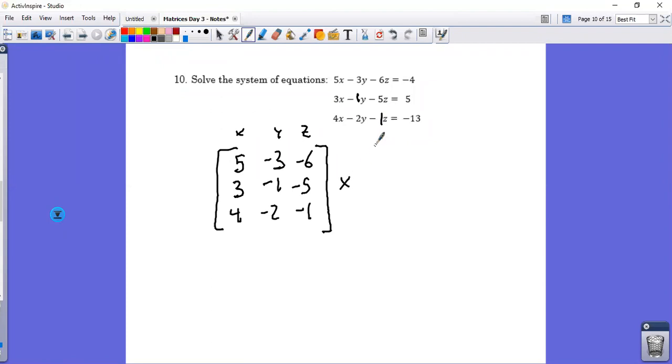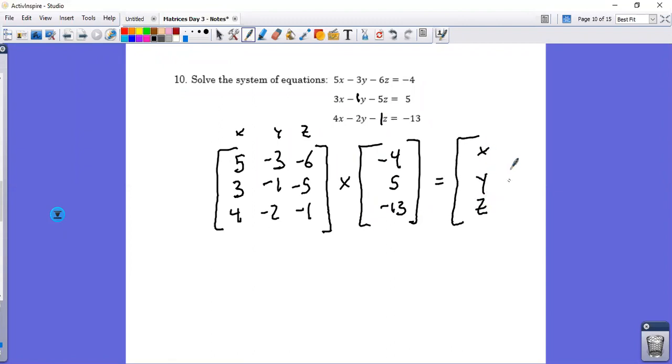And I'm going to multiply that by the solutions, which are -4, 5, -13. And the answer I get will be the x, the y, and the z. So now I'll go over and show you both of those on Desmos.